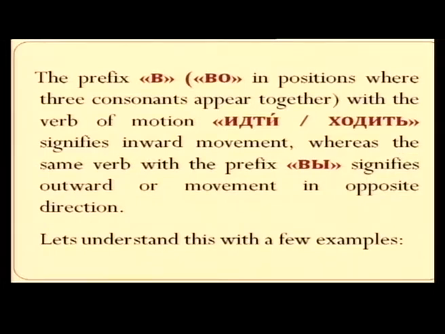"Включить вентилятор" means to switch on the fan. "Выключить кондиционер" means to switch off the conditioner, meaning the air conditioner. Accordingly, you can also use them in your own expressions with several other nouns which are already taught to you and which you have used in your own expressions.